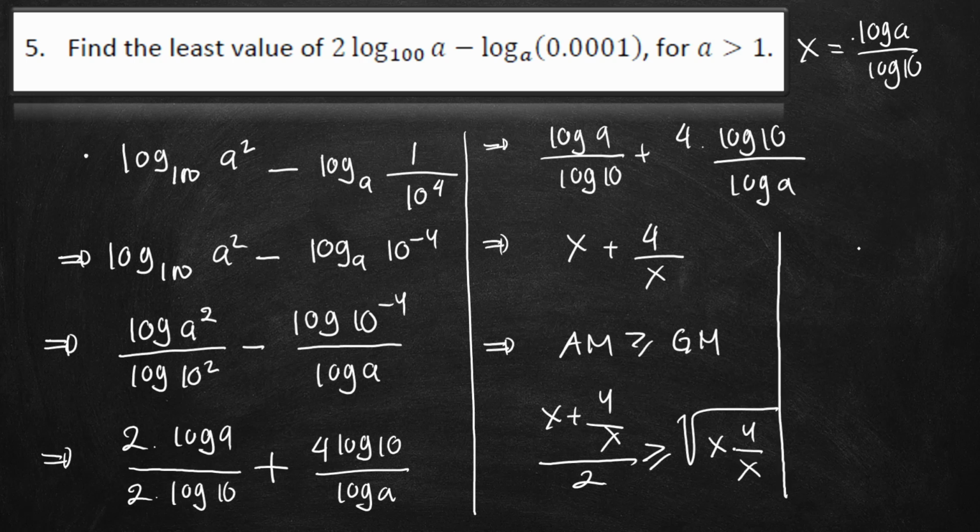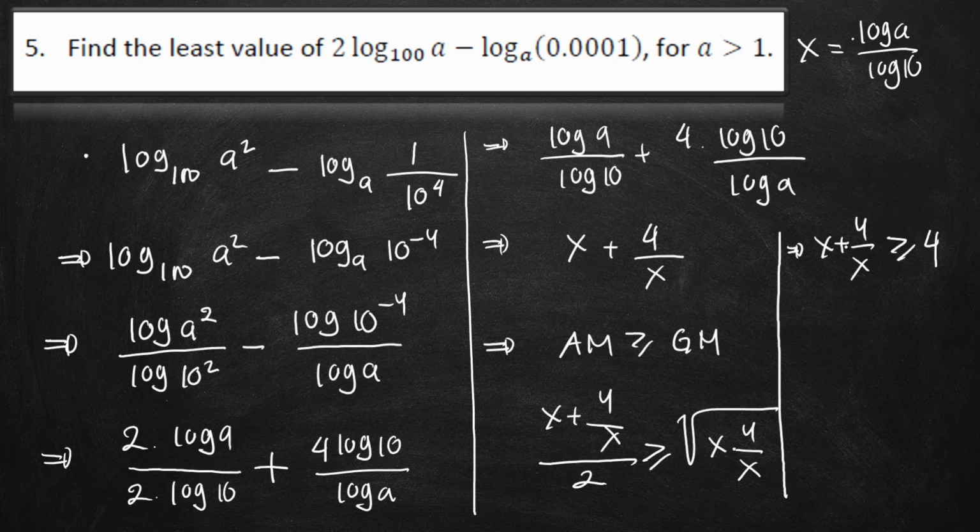So here we got x plus 4 over x. So this x and x will be cancelled out. Square root of 4 is 2. And then same thing, I will move this 2 to this side. So 2 times 2 is 4.